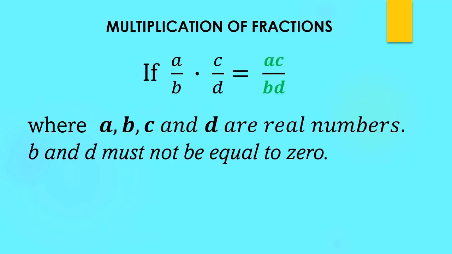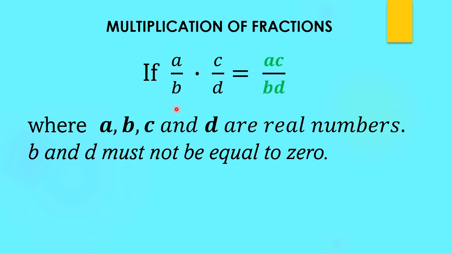But before we proceed to our lesson, let us discuss multiplication of fractions. How do we multiply two fractions? According to our rule, if A over B and C over D represent two fractional numbers where A, B, C, and D are real numbers, therefore, to multiply two fractions, we multiply numerator to numerator, then denominator to denominator.